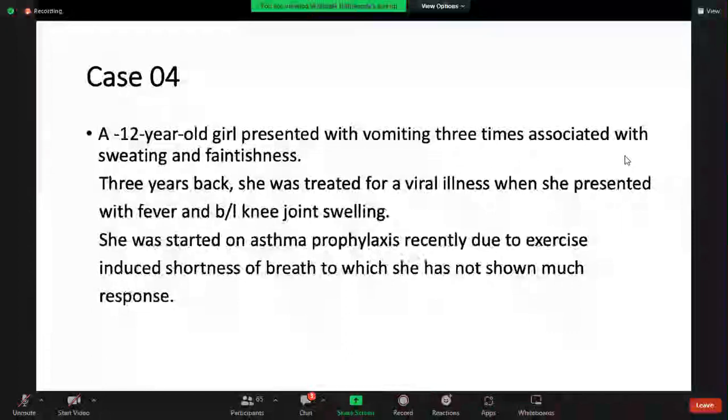So this is actually giving you a clue to think of rheumatic fever. This happened 3 years back, but your argument is true. Sometimes, unless you ask specifically, you won't elicit this. But this is basically to give you an idea.